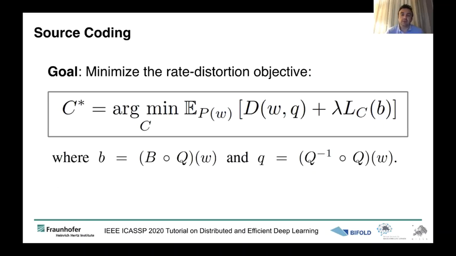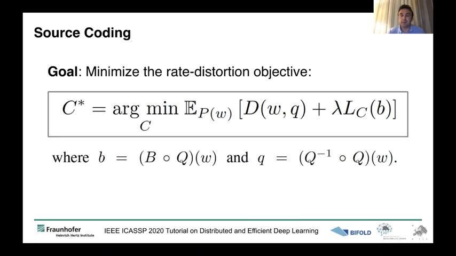So mathematically, you can write this down as a rate distortion problem, where you want to find a code so that the average length of the code words, L_C of B, is minimal.